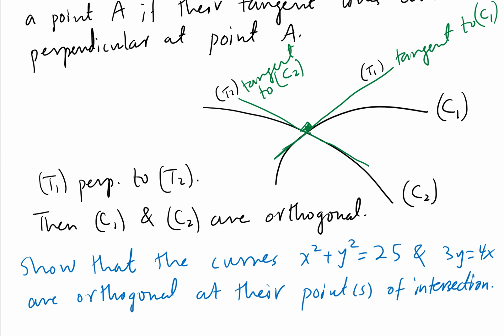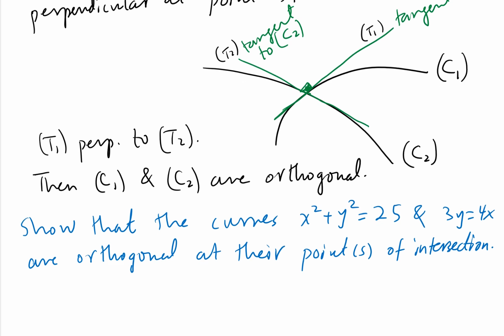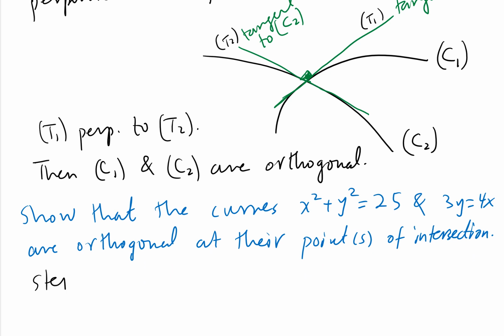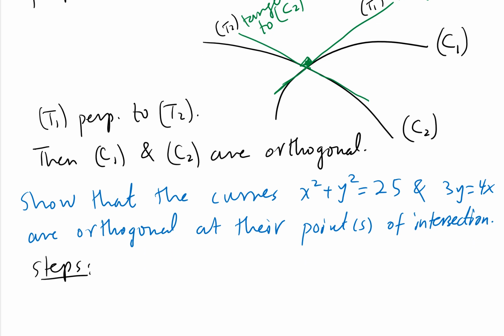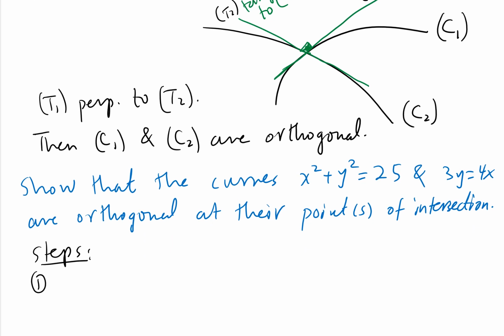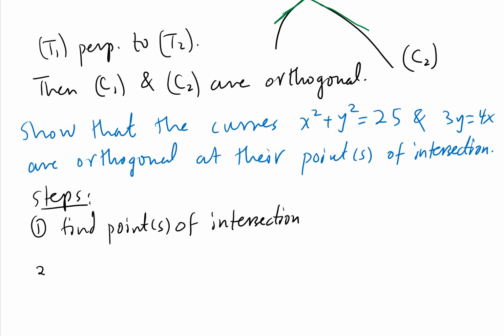How do we do this? There are some steps to follow in the solutions. The first step, find the point or points of intersection. Two, find dy/dx for both of them.